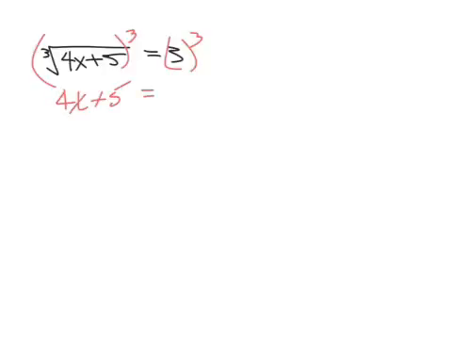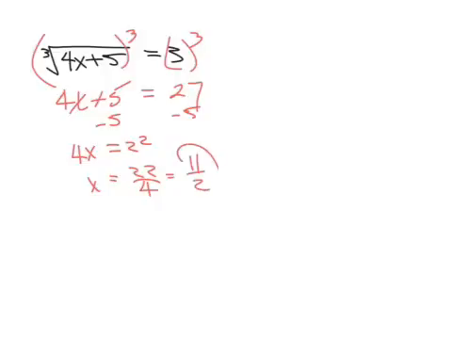But my 3 doesn't turn into a 9, it turns into a 27. 3 times 3 is 9 times 3 is 27. Subtract 5, and I get 4x equals 22. x equals 22 over 4, which reduces to 11 over 2. And I get that there.